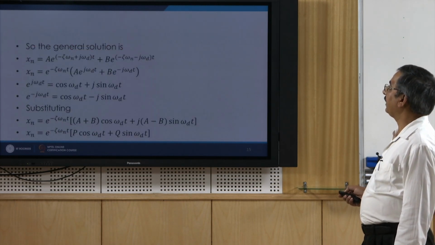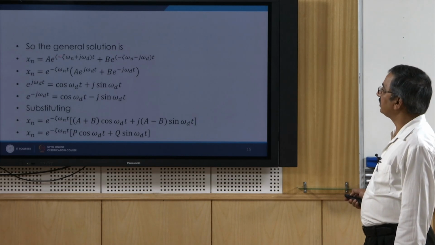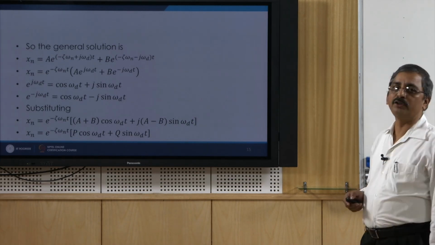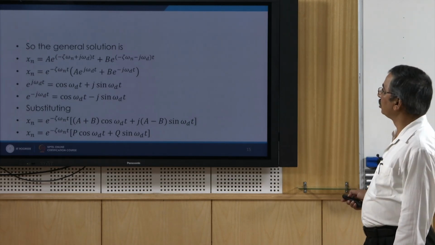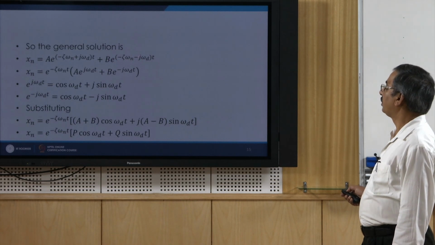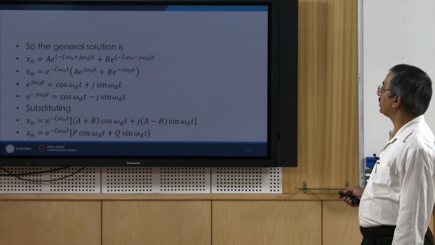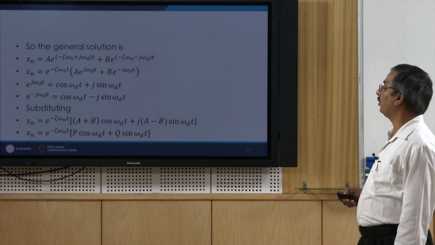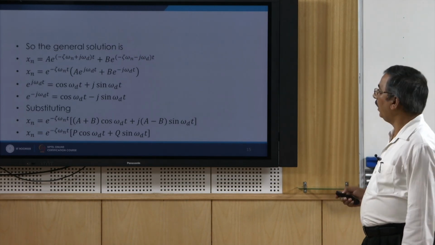So, I can write the general solution if I substitute the values of S1 and S2 here. This is a e to the power S1 t plus b e to the power S2 t. So, I have substituted the values of S1 and S2 here in terms of omega n and omega d.